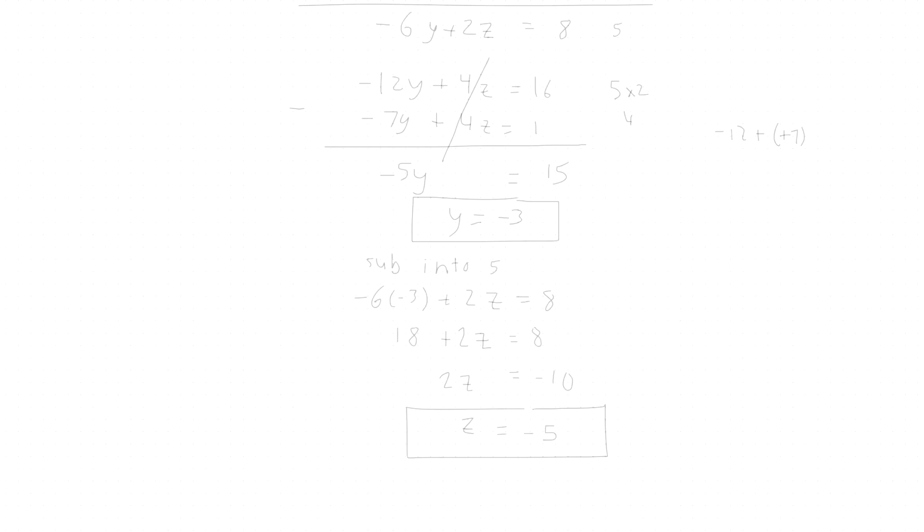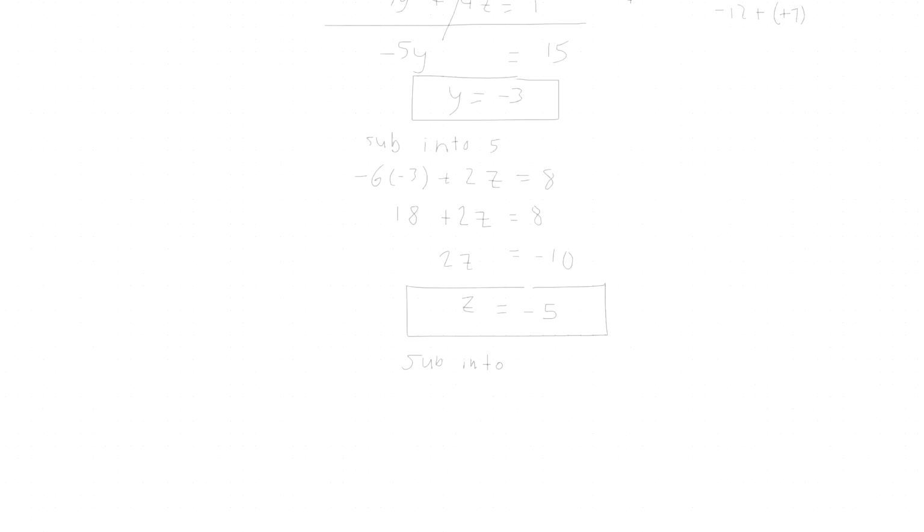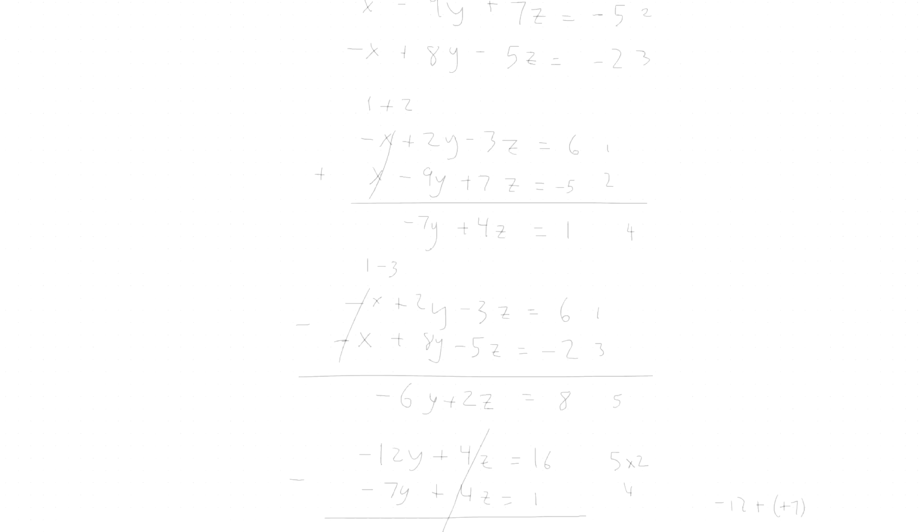We got y, we got z. Now we're going to substitute that into an equation. You can sub into 1, 2, or 3. It doesn't matter. Let's say 2. X minus 9y plus 7z equals negative 5.